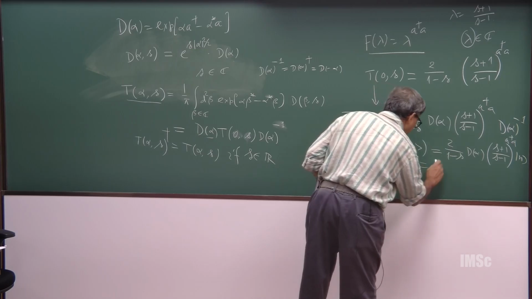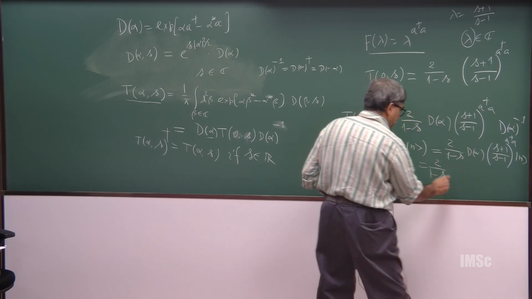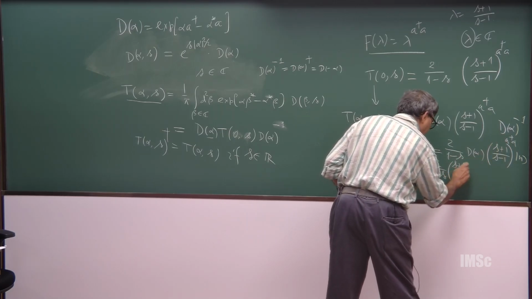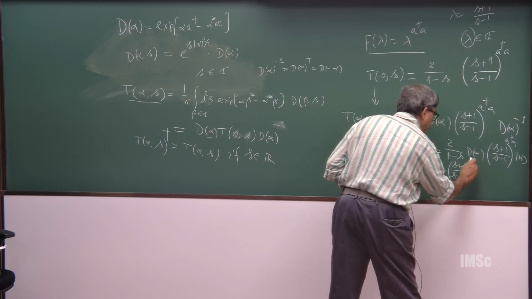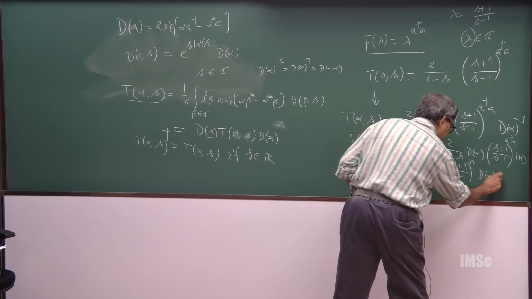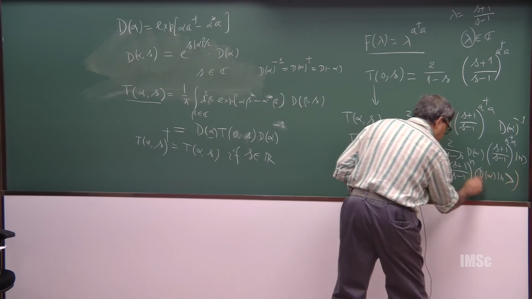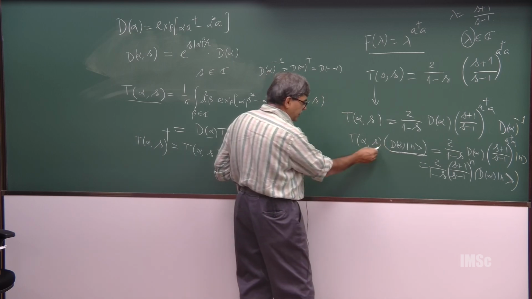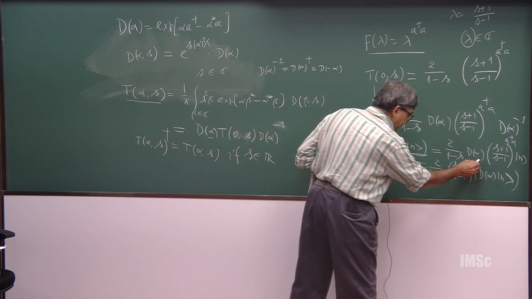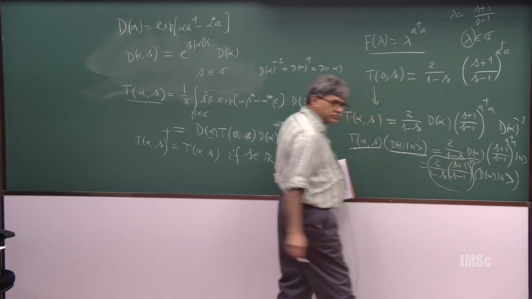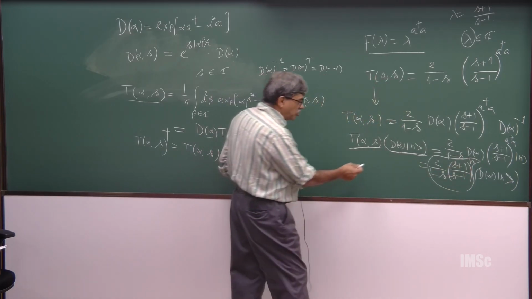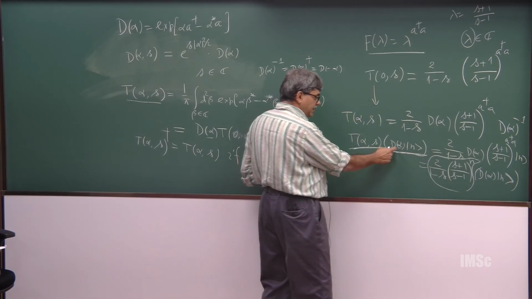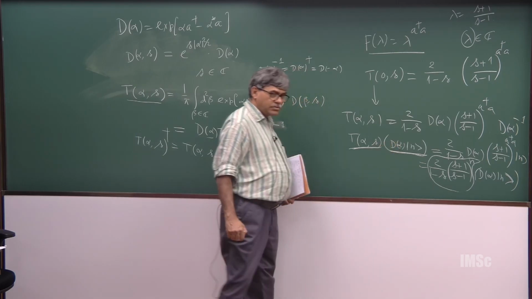And so, this is 2 by 1 minus s, s plus 1 by s minus 1 to the power n, D of alpha acting on n. So, you see that this is an eigenvector of this operator corresponding to this eigenvalue, and these are all orthogonal to each other, because if you choose different values of n, these are all orthogonal to each other, because this is a unitary operator.